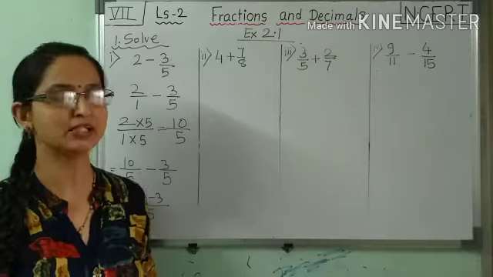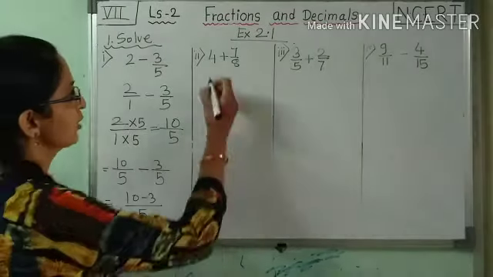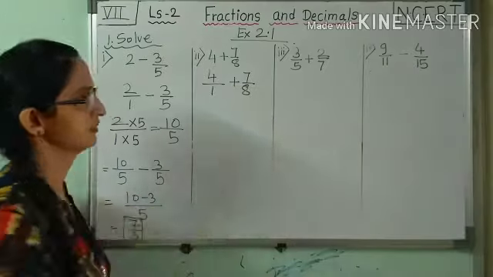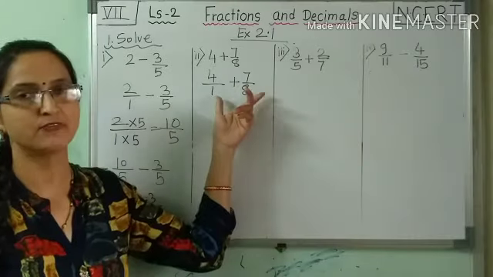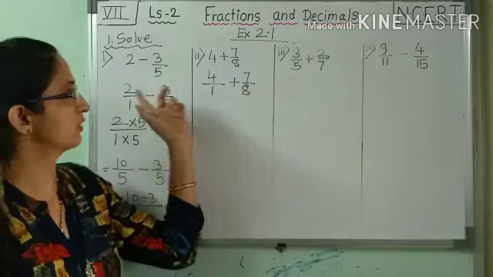Now the next sum is 4 plus 7 upon 8. Here also we have to write this 4 as 4 upon 1 plus 7 upon 8. Unlike fractions are there, so we have to make them like fractions. For subtraction as well as addition, we have to make them like fractions first and then subtract or add.